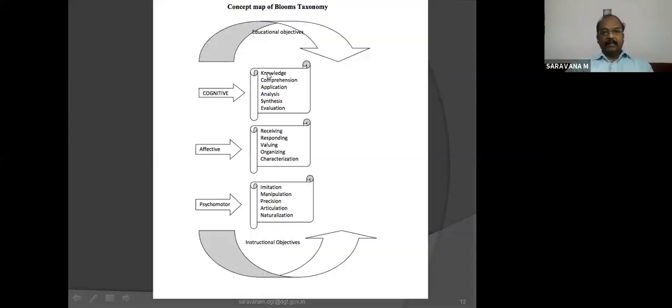Let us see the major components of this cognitive domain, affective domain, and psychomotor domain. Major components, meaning we discussed one day, lesson plan is a format, and it has four major components: preparation, presentation, application and test. There are four important steps in lesson plan, that is preparation, the second one presentation, application and test.